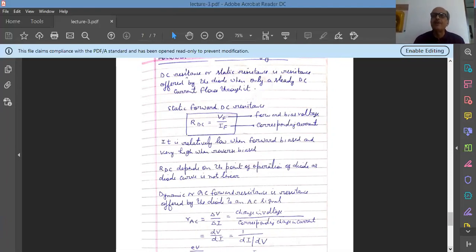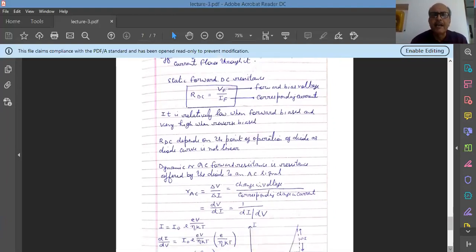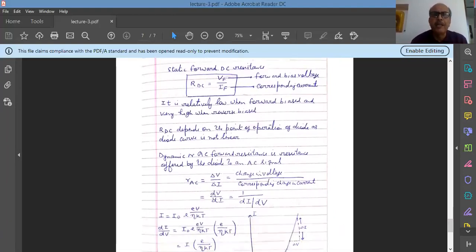Otherwise you must also have read about instantaneous resistance. So this dynamic resistance is nothing but the instantaneous resistance. If you want to find out the instantaneous resistance at a particular voltage, it is dV over dI. It is the slope of the voltage versus current curve at that particular point. So that is why RAC is delta V upon delta I.